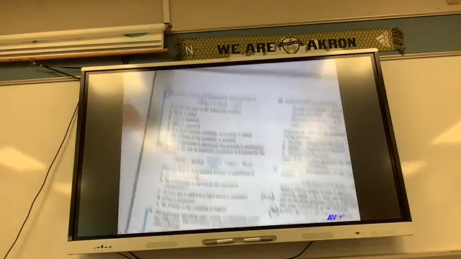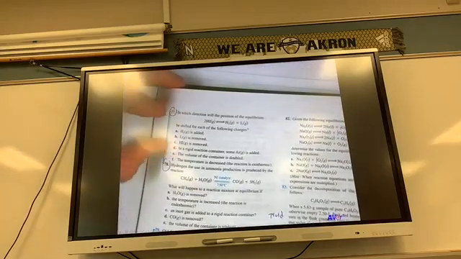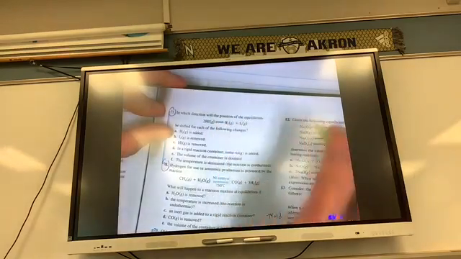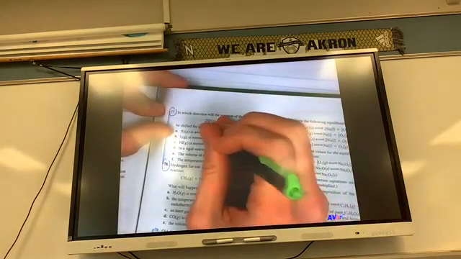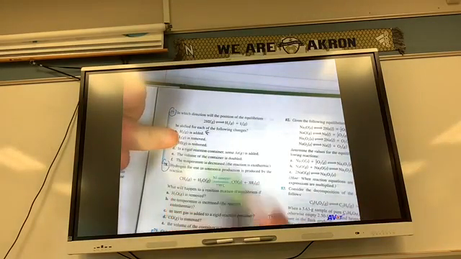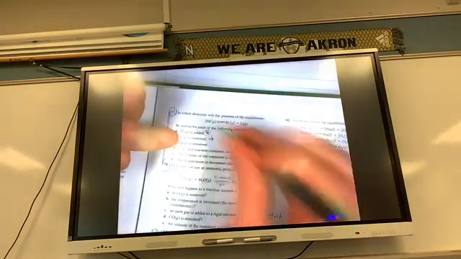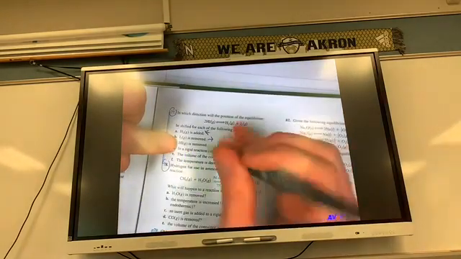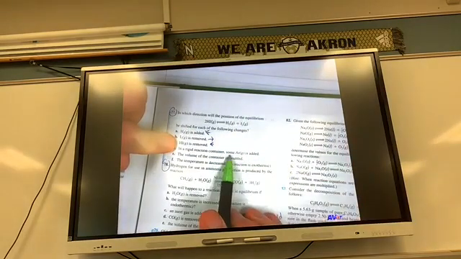77. In which direction will the position of the equilibrium shift on each one of these? So on these, H2 is added. That's product. Left. I2 is removed. That's product. It's going to shift back to the products, right. HI is removed. That's reactant, so it's going to shift back to the left. Argon is added.